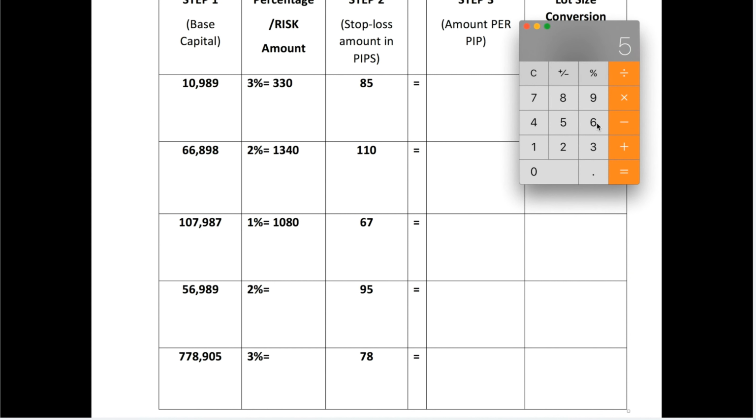So we have £56,989. We want 2%, so same thing, let's divide by 100. It's £569.89. We want 2%, times 2 equals £1,139.78. So 1,140.